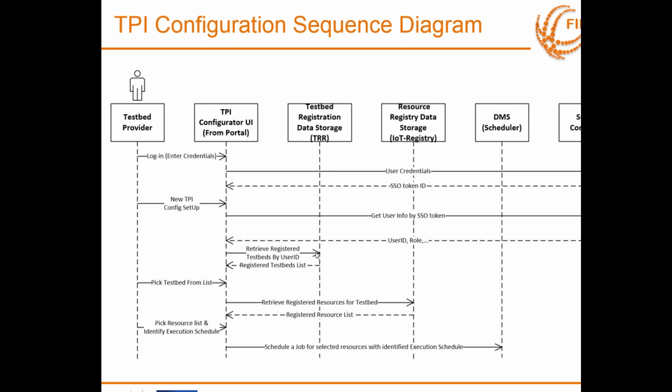From what was presented before, the database is where you can register your testbed and resources in order to retrieve the list of registered testbeds. Most probably in your case it will be one testbed, but in the demonstration from the test user, which I will present later on, there is a list of registered testbeds.